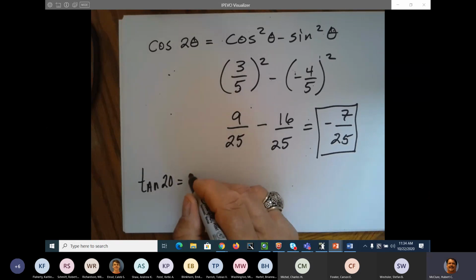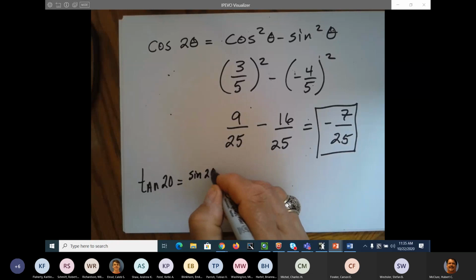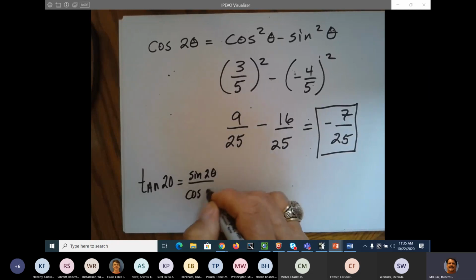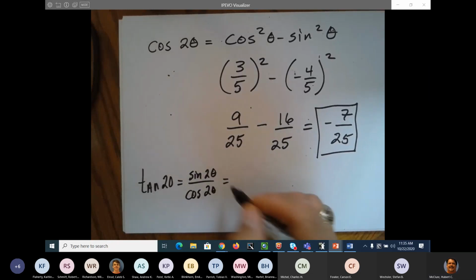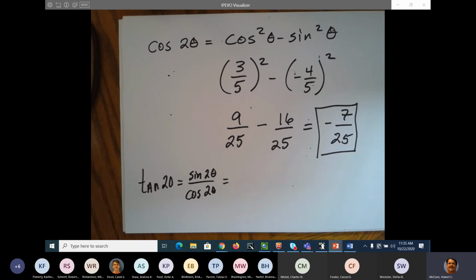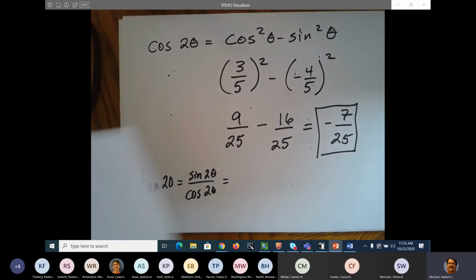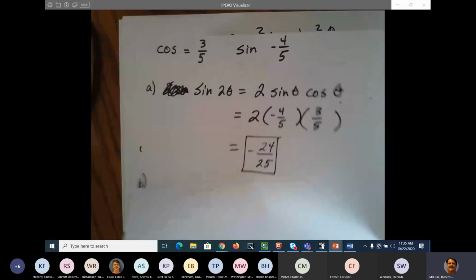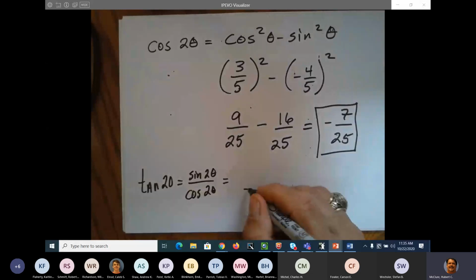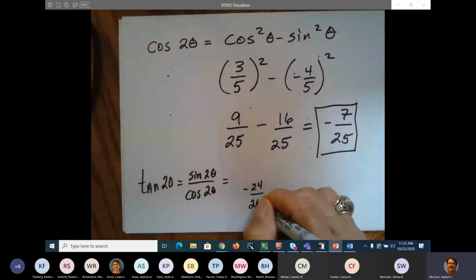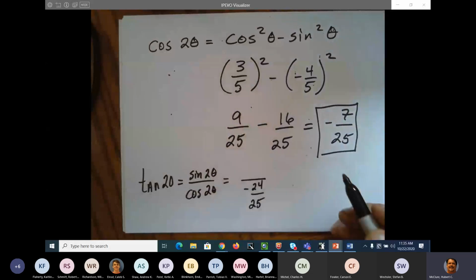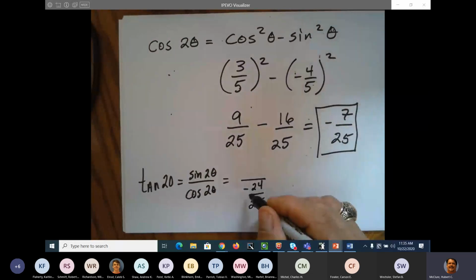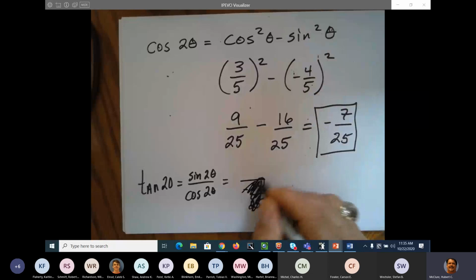So that would be the sine of 2 theta over the cosine of 2 theta. I'm sorry, I just did that backwards.